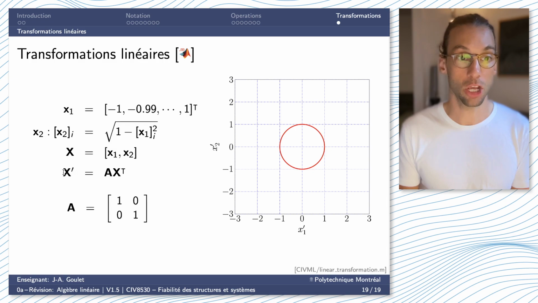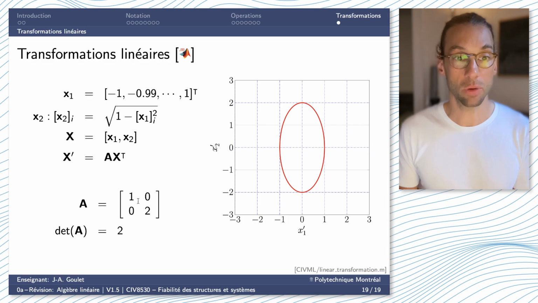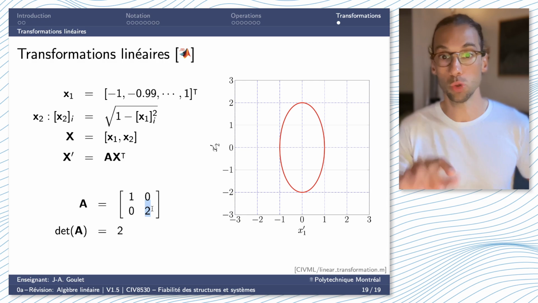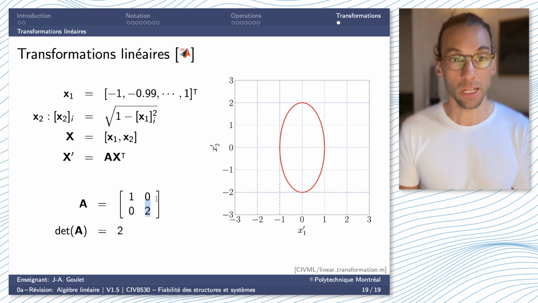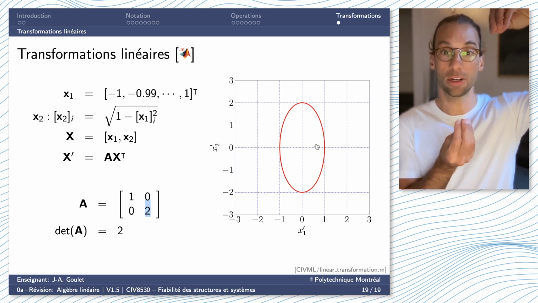I'm going to get a new matrix x prime. If the matrix A I multiply with is the identity matrix, I don't change my scale at all. But if my matrix A has a 2 in the 2,2 component, then I'm going to modify my second dimension x2: I'm going to scale it vertically by a factor of 2.